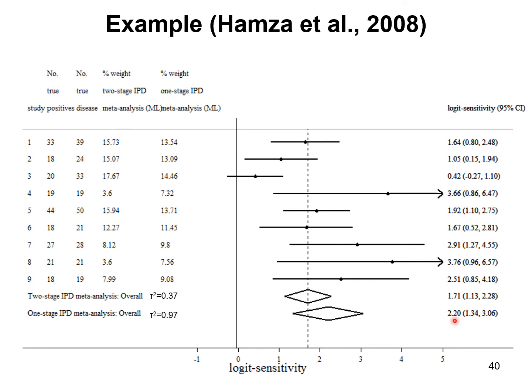When you transfer that back, it's a difference in sensitivity of about 5%. This is because of the sparsity of data in each study. So that's the key reason why you may get a genuine difference between a 1-stage and a 2-stage that is of key interest and where a 1-stage is preferred.